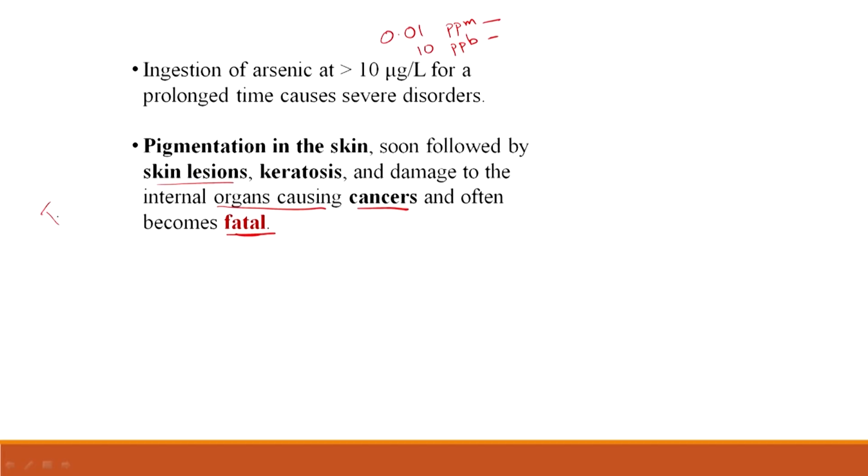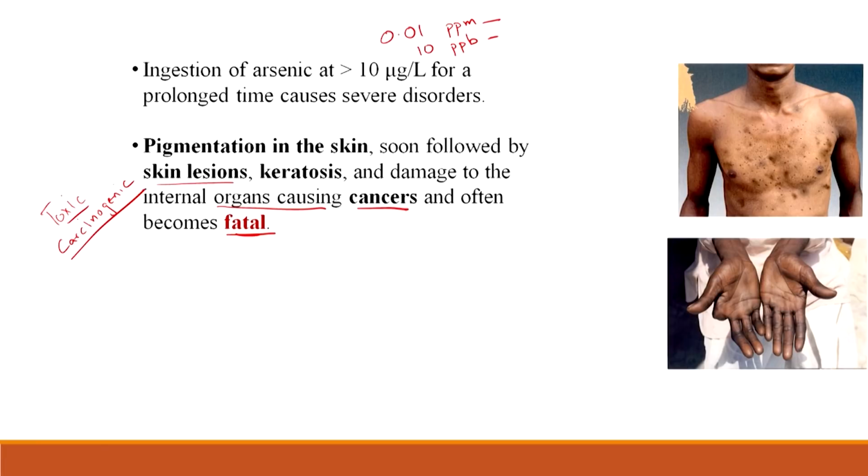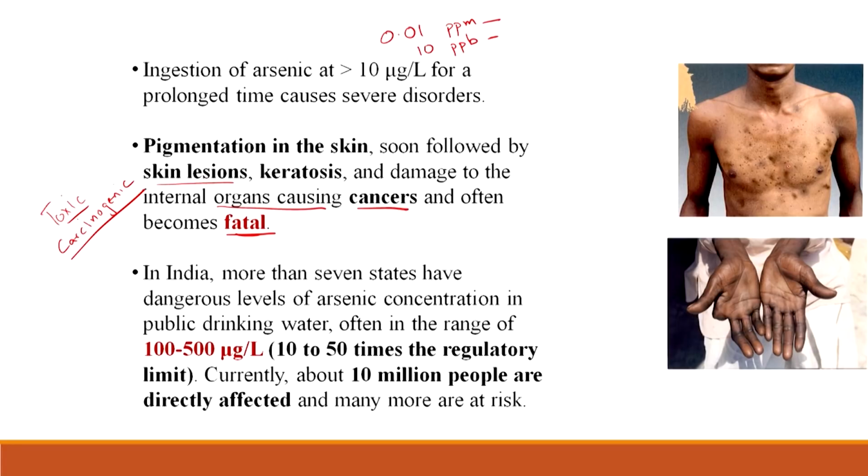As I mentioned, it has both toxic effects and, depending on the dosage and such, also carcinogenic effects. Yes, and in India more than 7 states have dangerous levels of arsenic, often in the range of 100 to 500 micrograms per liter or 100 to 500 ppb, 10 to 50 times the regulatory limit.